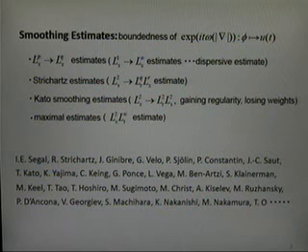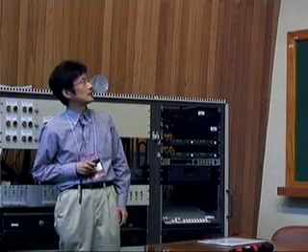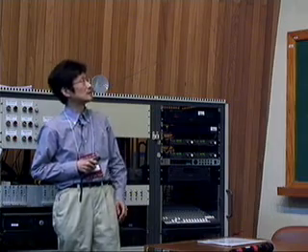The first type of estimate is the so-called dispersive estimate, such as the L1 to L-infinity estimate with explicit pointwise decay in time.